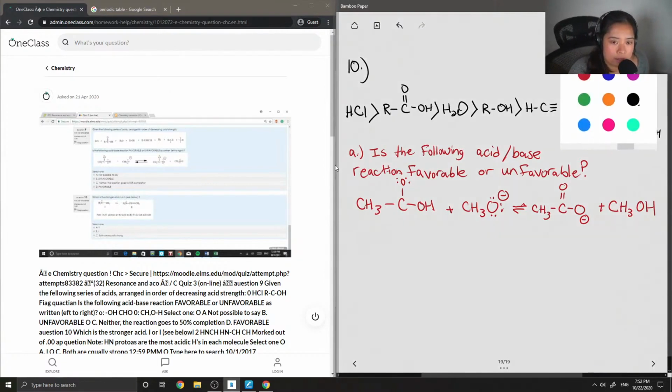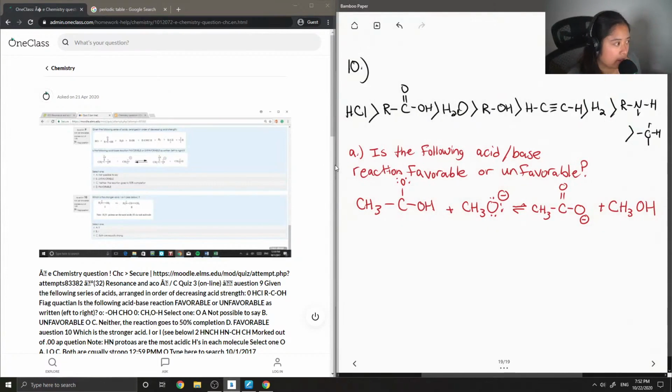Okay, so let's look at our series of acids. So I'll just write down that the carboxylic acid in this form is a stronger acid than the methanol.